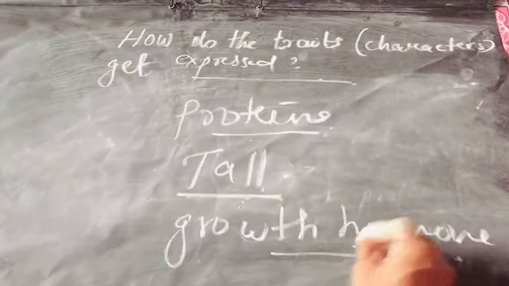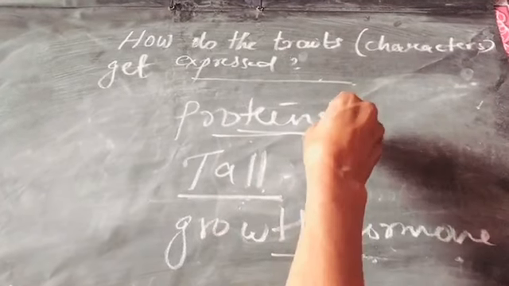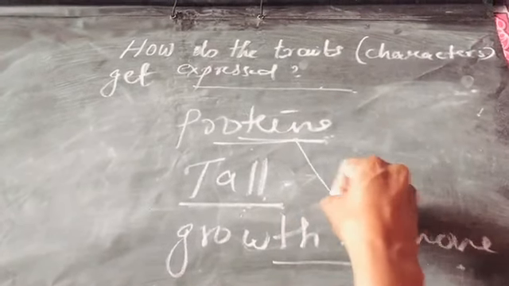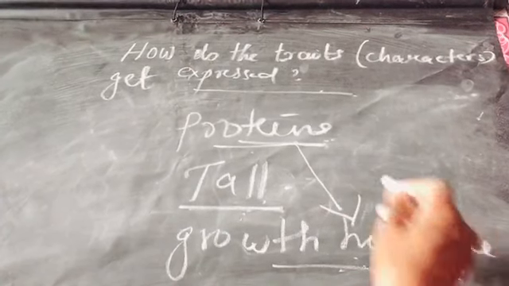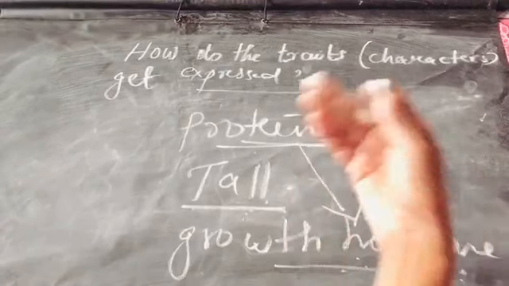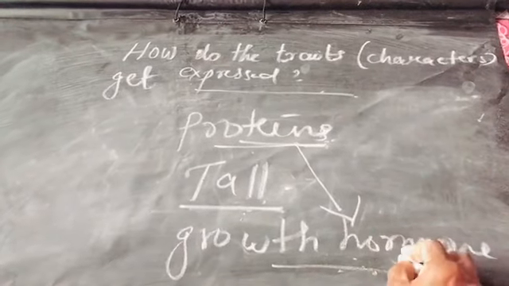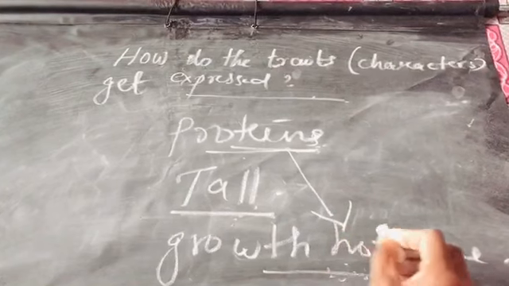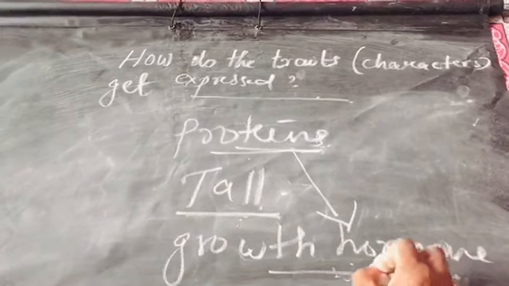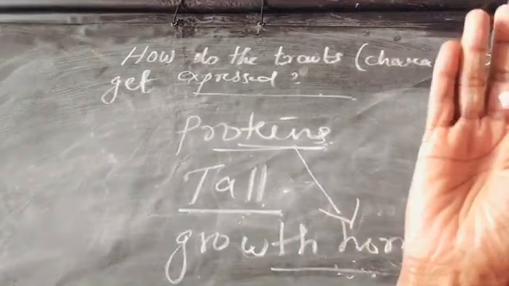For that, this particular protein should be present that triggers the making of the growth hormone. This protein will decide how much growth hormone is to be produced in the plant body. If more growth hormone is produced, then the plant will be longer.